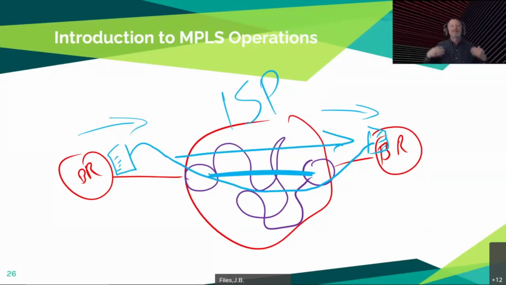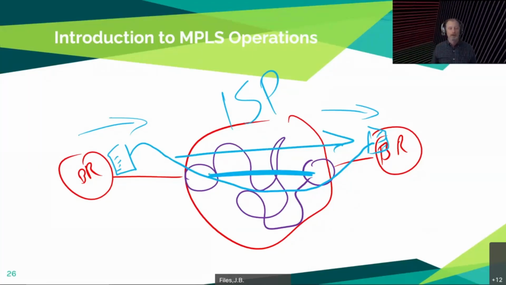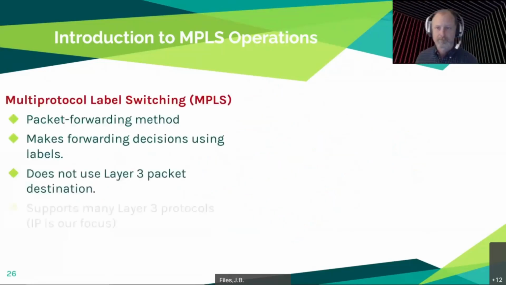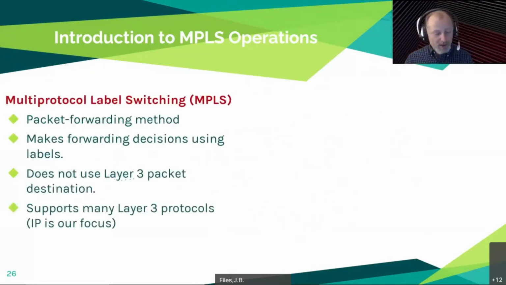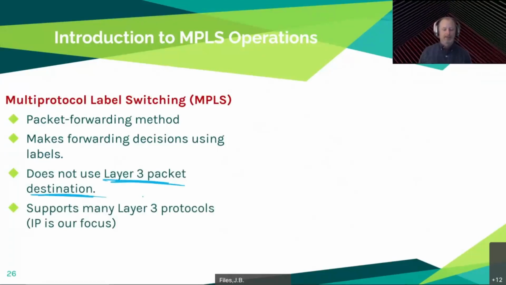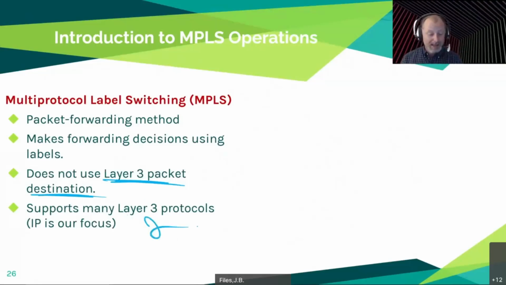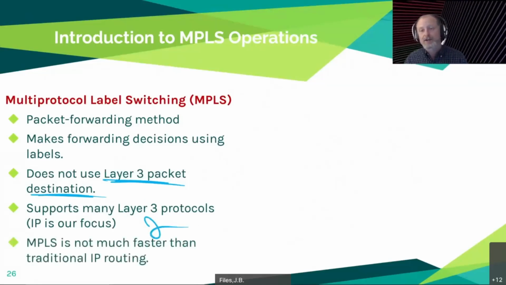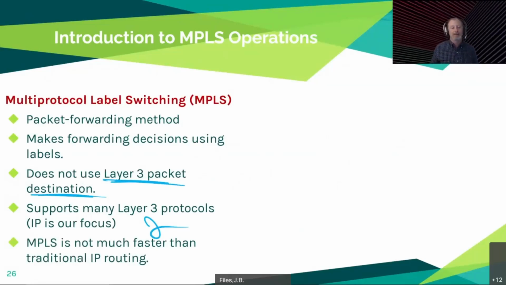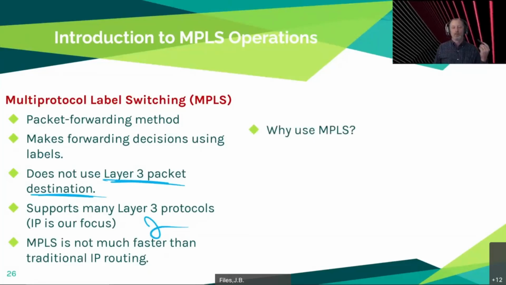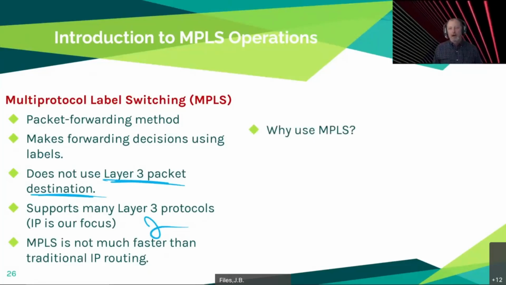So the nice thing about MPLS is it doesn't care. It's multi-protocol label switching. So it's not going to use the layer 3 packet destination. It supports many layer 3 protocols, and layer 2 as well. It's not a lot faster than just regular IP routing, but why use it?